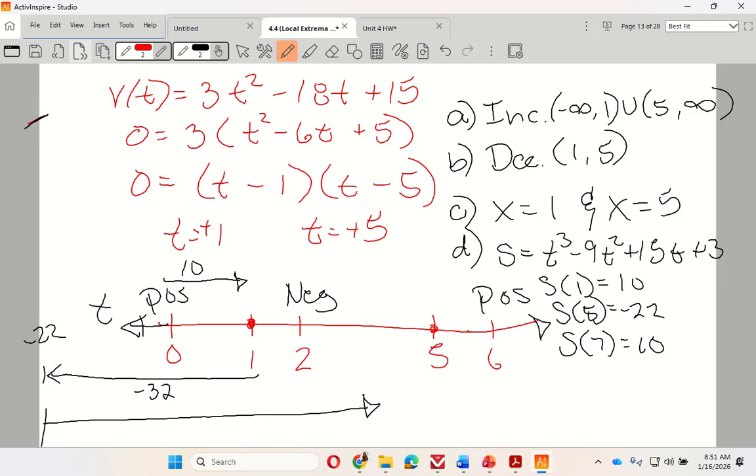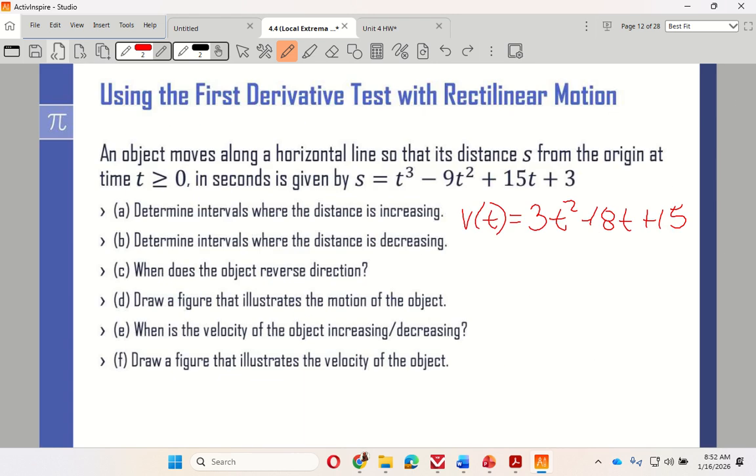All right. There was D. E. When is the velocity of the object increasing, decreasing? Okay. Velocity increasing, decreasing. That has to do with the concavity right there. That's where we're looking. Is it increasing at an increasing rate?